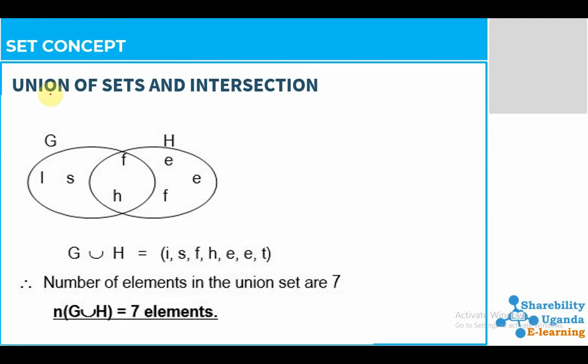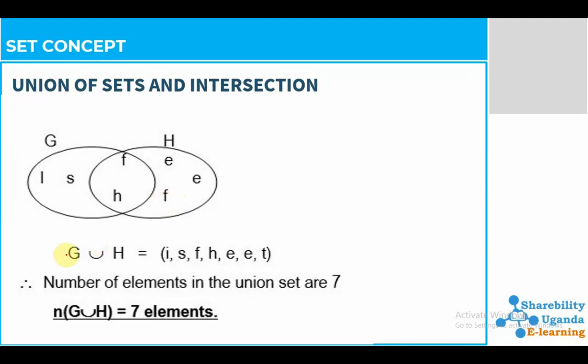It is all about the union of sets and the intersection of sets. So here we have been given this example. We have our G, we have our H, and we have our L and S. And then we have our F, we have our H, we have our E, we have another E again, and this.